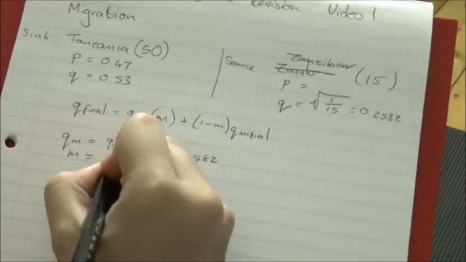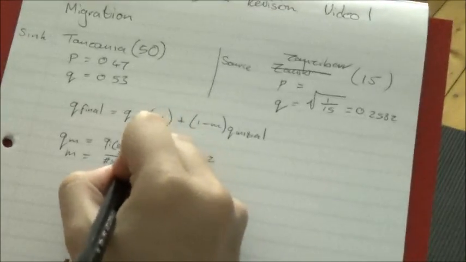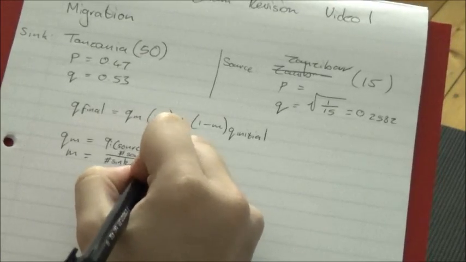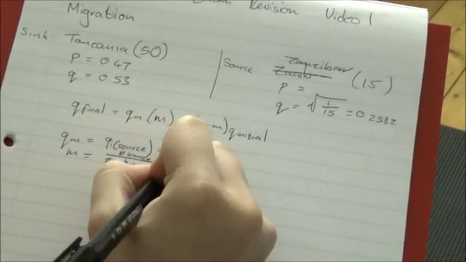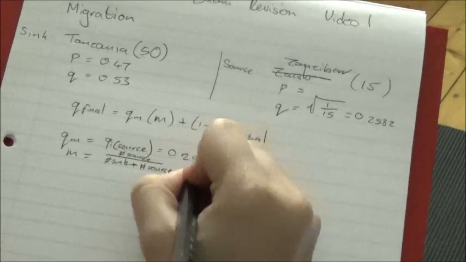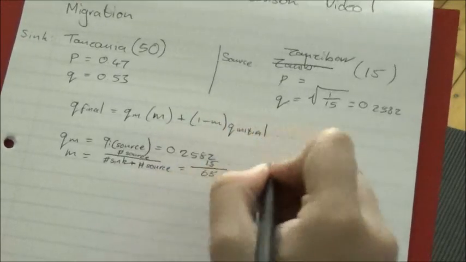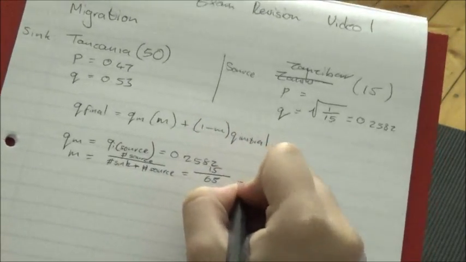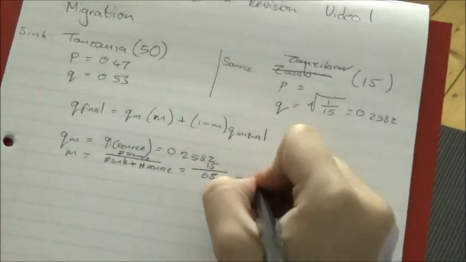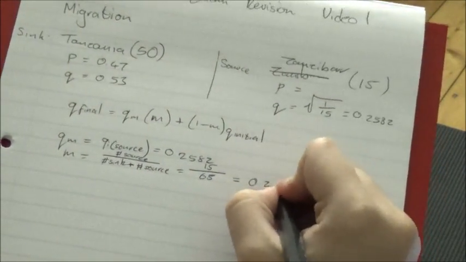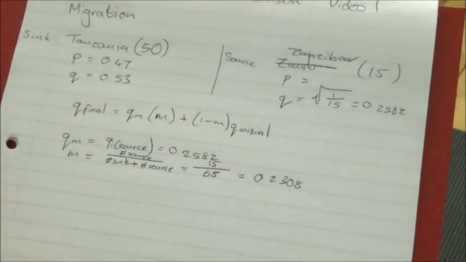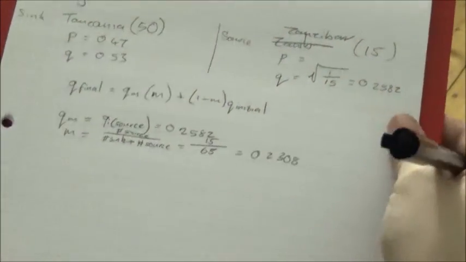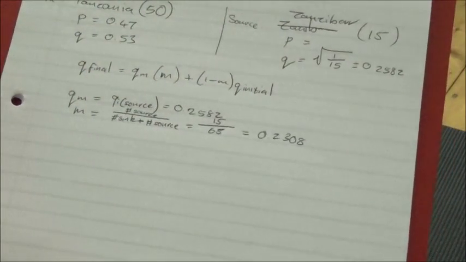So it'll be the number of sink individuals and the number of source individuals. So that gives us 15 over 65, which should be 0.2308.